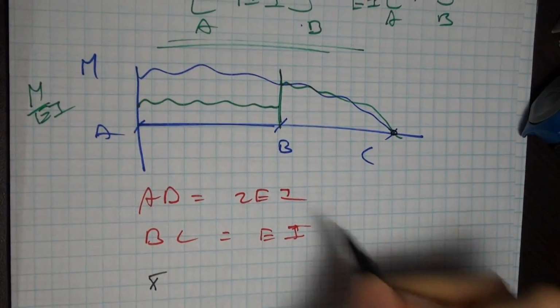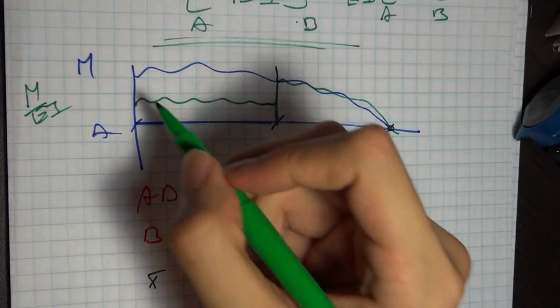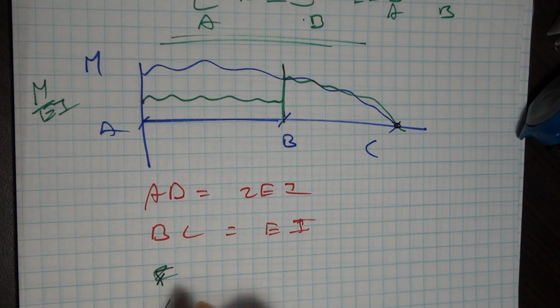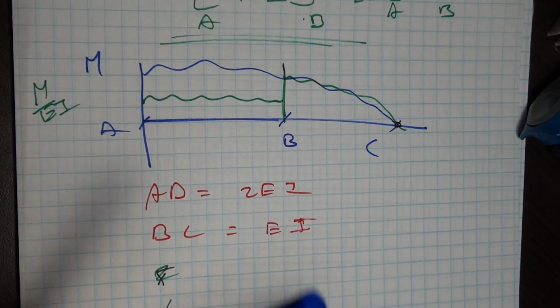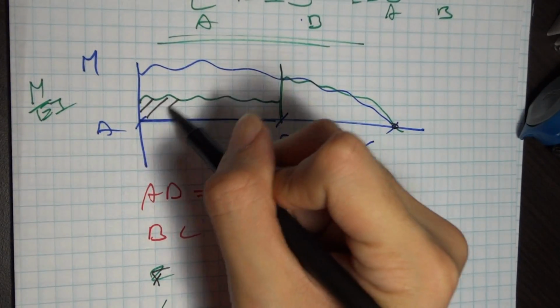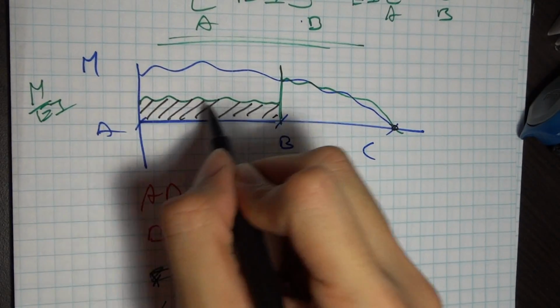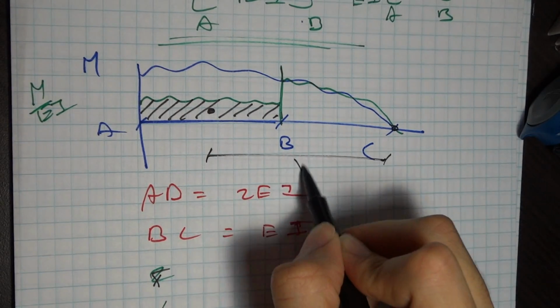Sorry, let's say I want TCA. That requires me to use the entire area here. I'm going to take this area, multiply, let's say the centroid is right here. This is x bar 1.